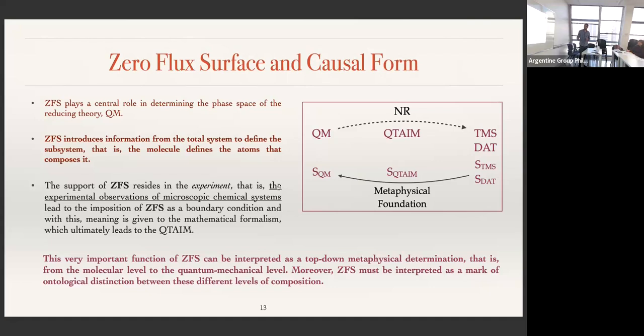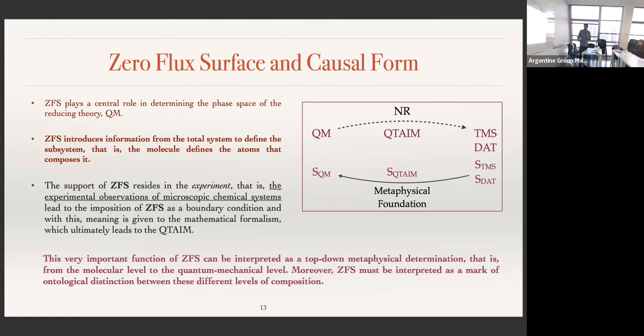And the support of the zero flux surface resides in the experiment. That is, the experimental observations of chemical systems lead to the imposition of the zero flux surface condition, as a boundary condition. And with this, meaning is given to the mathematical formalism that ultimately leads to QTAIM.